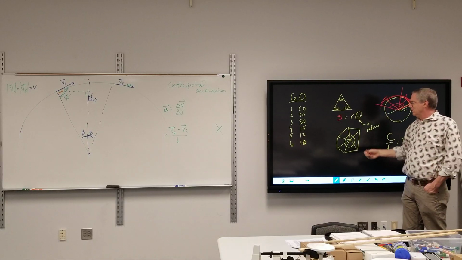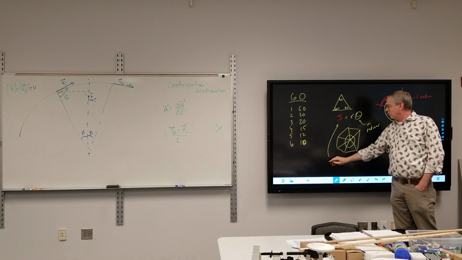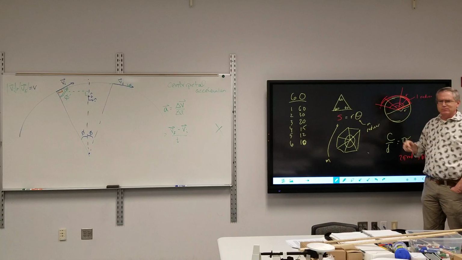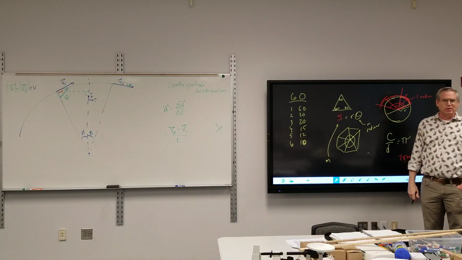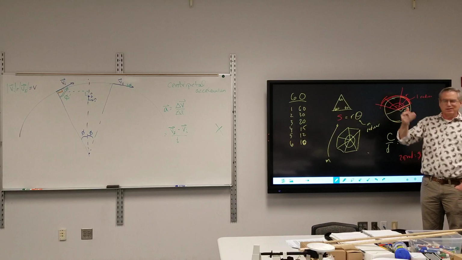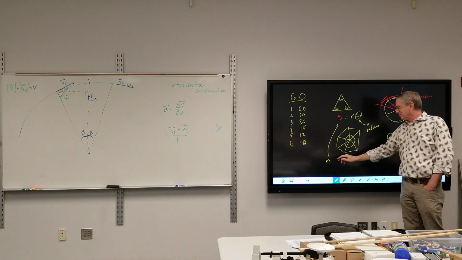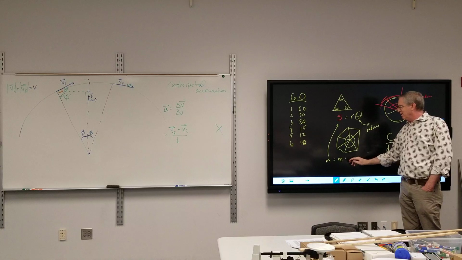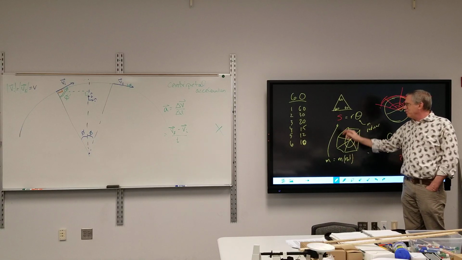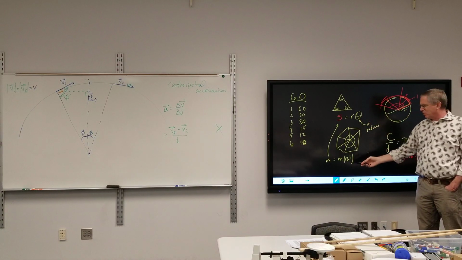Yeah, meters. So if that's in meters, what would be a standard unit for radius? Meters. There we go. So we get meters is equal to meters times radians. So the only way this works is if radians is equal to 1.